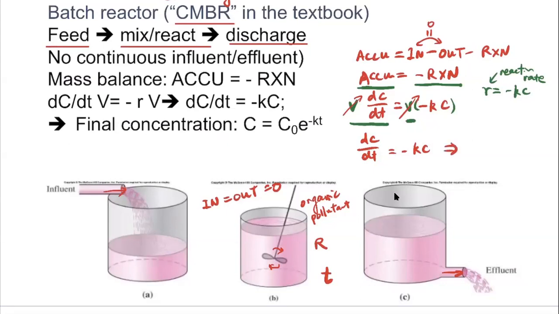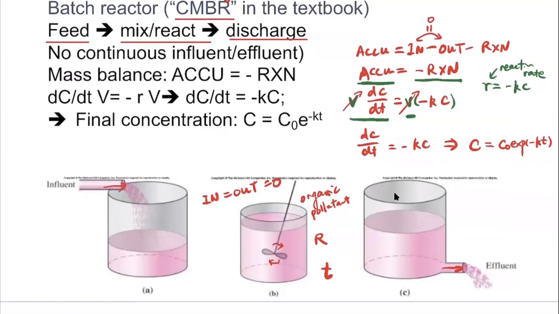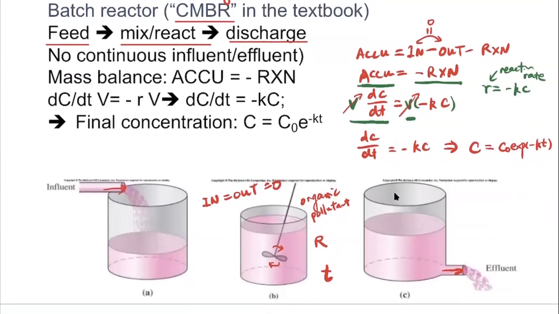We know that the concentration is going to be c equals c0 multiplied by e to the minus kt. If you wonder how we get this solution, you can go to the lecture from our last class, where we solved the first order reaction. So this is how we get the final solution here.